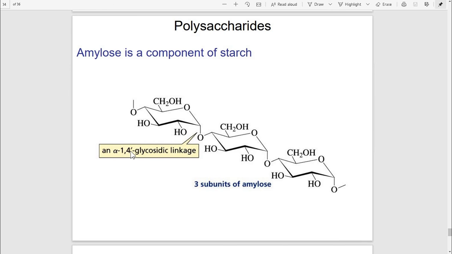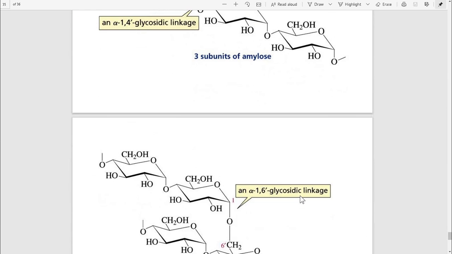It has alpha 1,4-glycoside linkages, meaning the units are linked together by alpha 1,4 linkages. Here is an alpha 1,4 linkage, here another alpha 1,4 linkage, and many alpha 1,4 linkages are present in this polysaccharide. We are showing only 3 subunits of amylose.